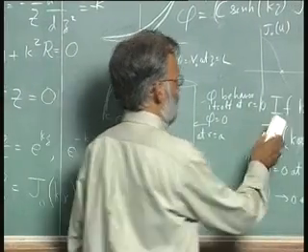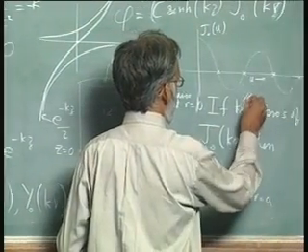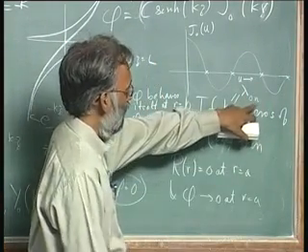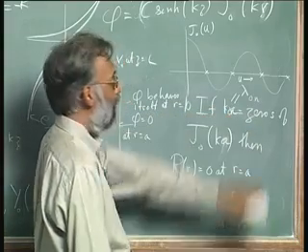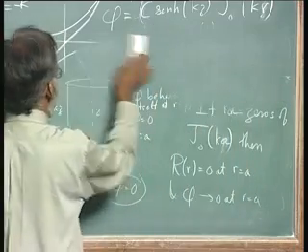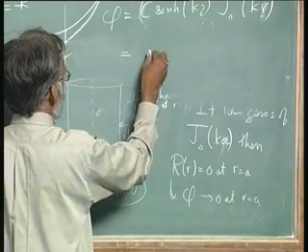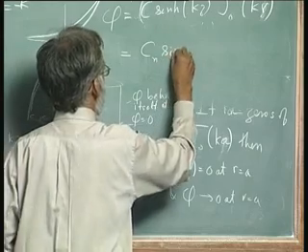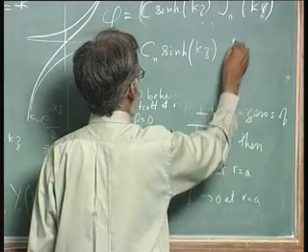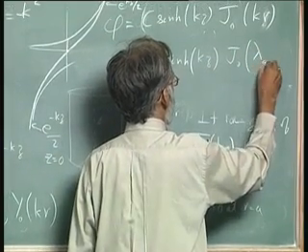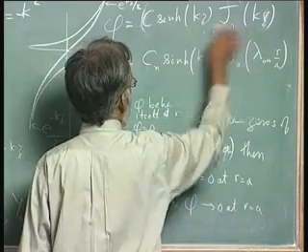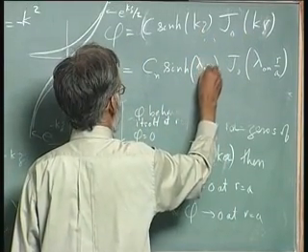If I call each of these zeros, if I call ka equal to lambda 0n, meaning the nth zero of J0, then my phi has now become something more peculiar. It becomes C sub n sinh of kz J0 of lambda 0n r over a, and this k is the same k after all, must therefore also be lambda 0n over a.